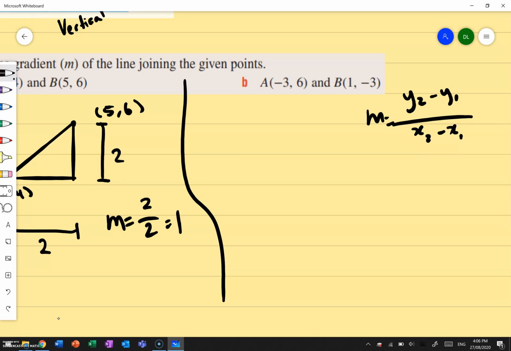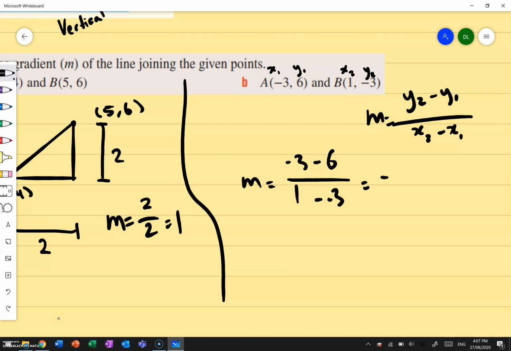You'll use this formula for many years to come. So what I'm going to do is I'm going to say that that's x1, x2, y1, y2. I'm going to use this formula. So m equals, now y2 is this one over there. So negative 3 minus y1, which is this one over here, 6, divided by x2, which is this one over here, 1, minus x1, which is this one over there, negative 3.